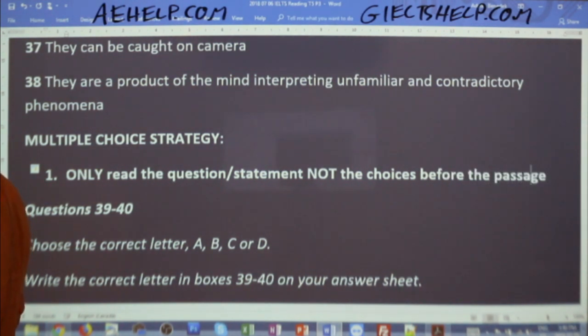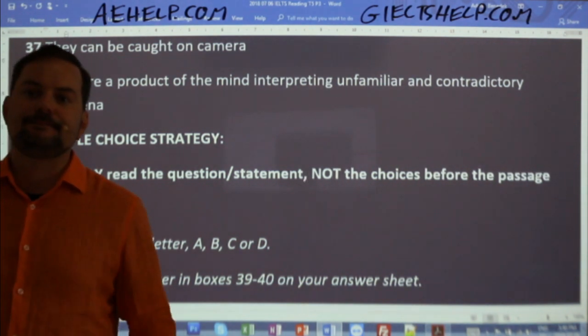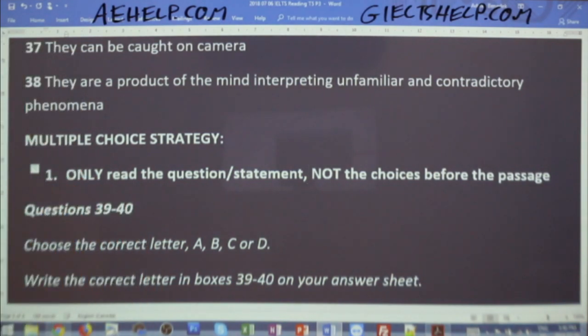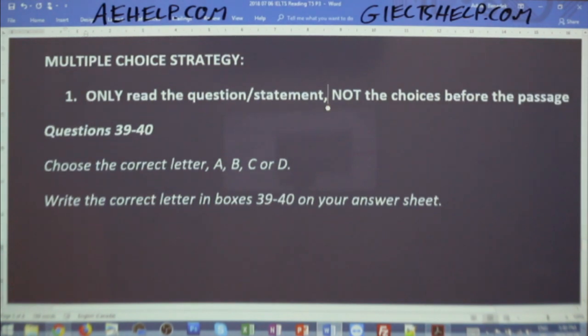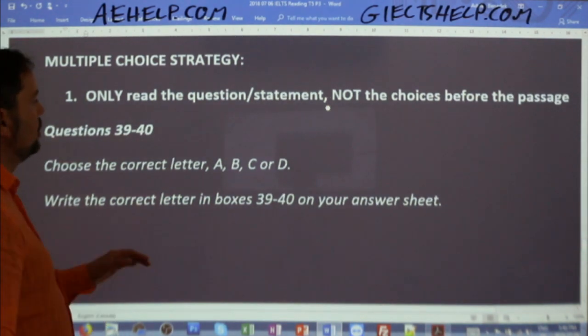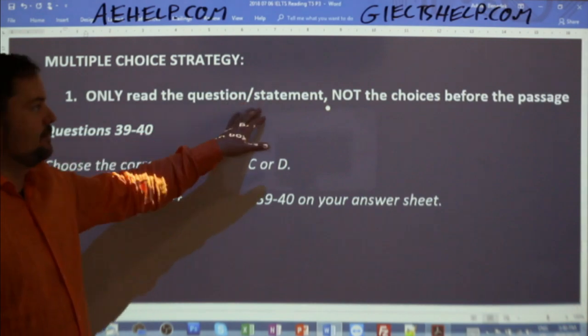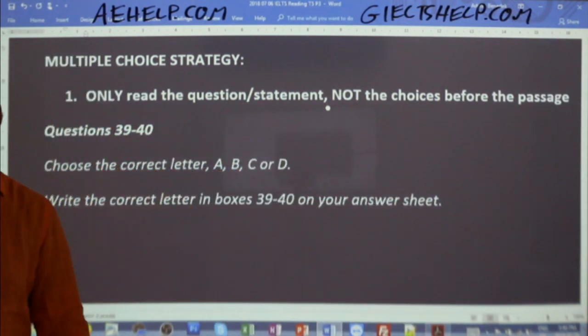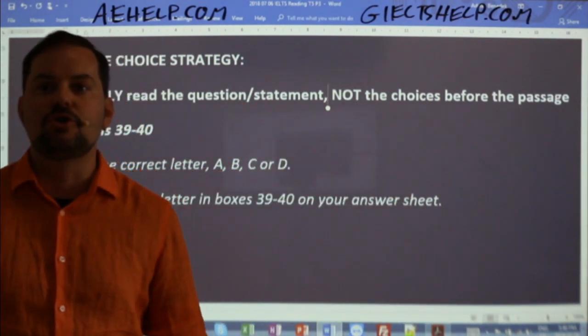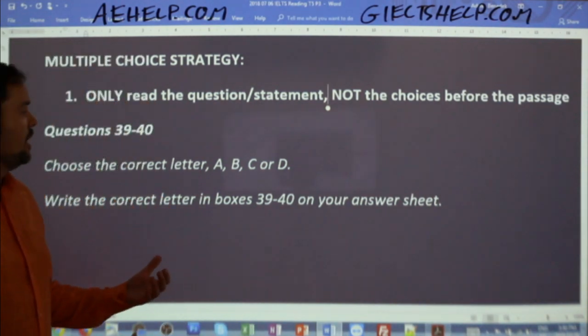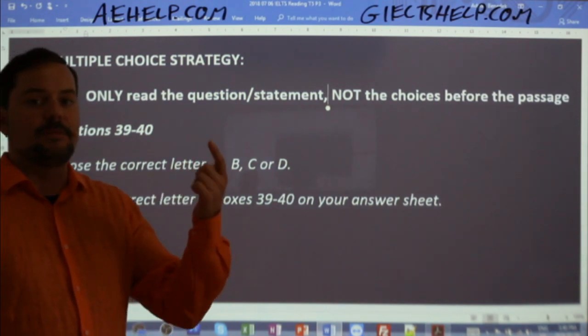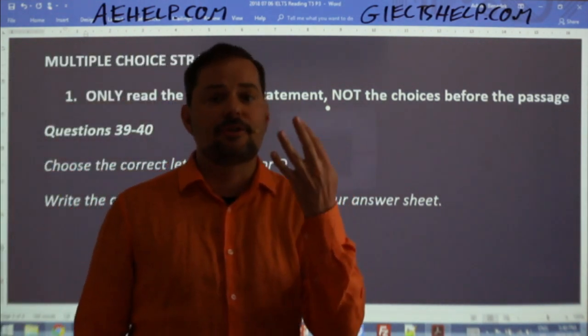Does anybody know why I say that? So why did I just give you that as the first strategy? Okay, why am I saying that? If you're going to look at the questions before you start reading, only look at the question in multiple choice or the statement, but don't look at the choices. Ashraf says to avoid confusion. Absolutely, and Manish is giving some more details. With multiple choice, if you have 4 choices, it means only one is correct, the other 3 are wrong.